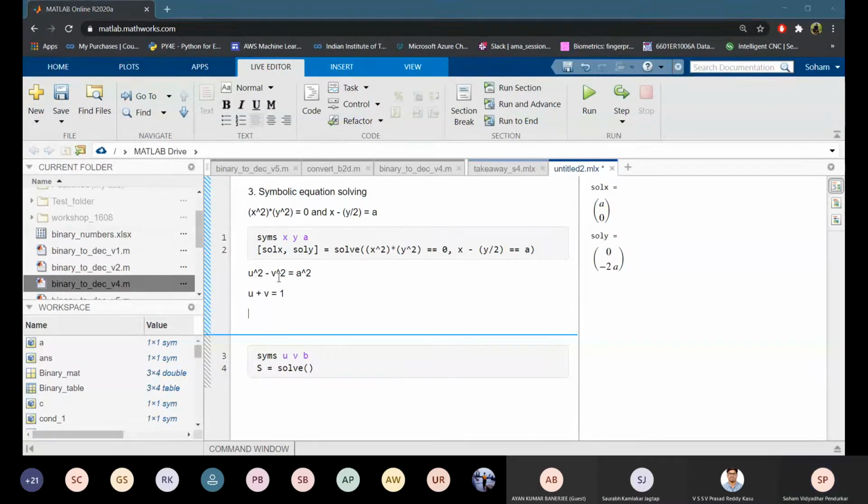Then a square minus 2a is equal to 3. Now there are three variables. Sorry, it should be b here: b square minus 2b is equal to 3. So let's quickly copy, Control C, comma.